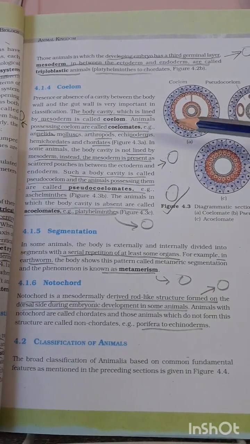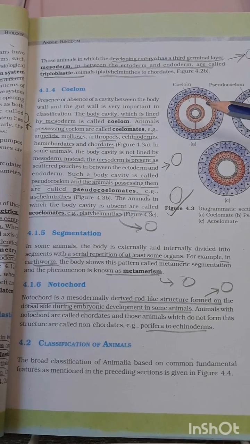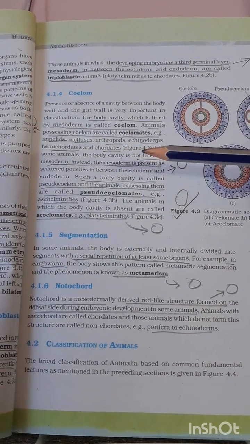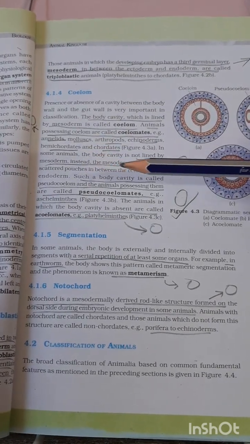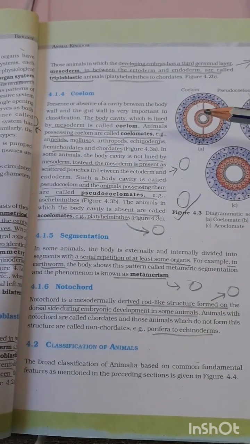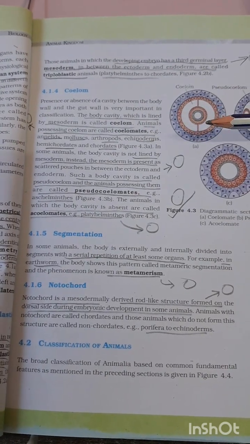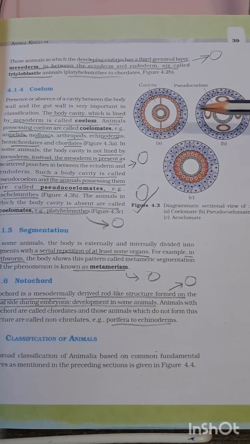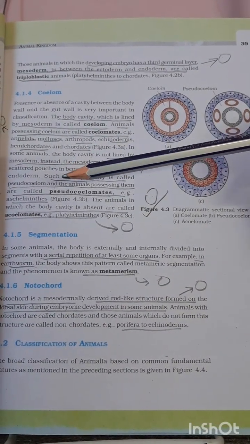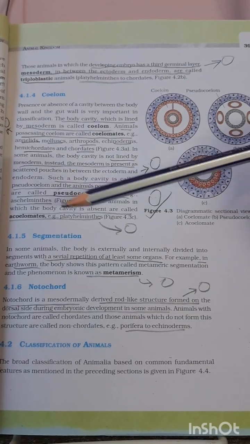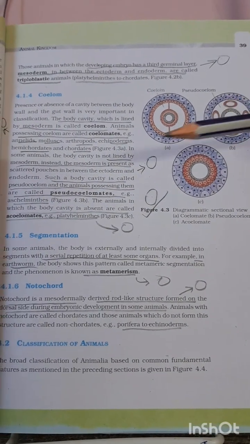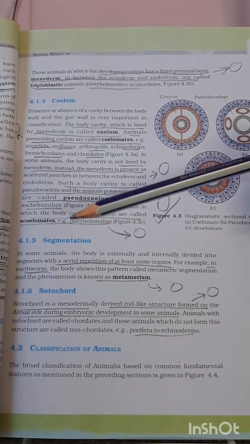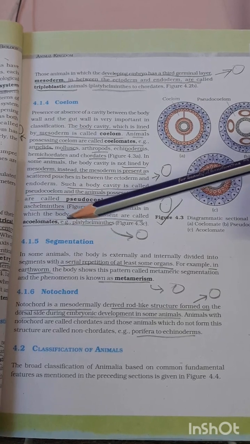Here you can see the mesoderm lines the body cavity, so it is a coelomate organism. Annelids, mollusks, arthropods, echinoderms, hemichordates and chordates exhibit coelom, and they are called coelomates. For pseudocoelomates you will see mesoderm is clustered here, so such a body cavity is called pseudocoelom, and animals possessing it, for example Aschelminthes, exhibit pseudocoelom. They might give you the example and ask which type of coelom. Now acoelomates are the platyhelminthes.